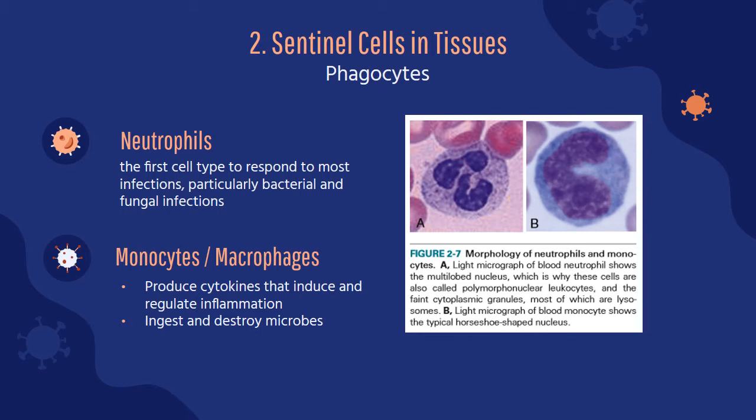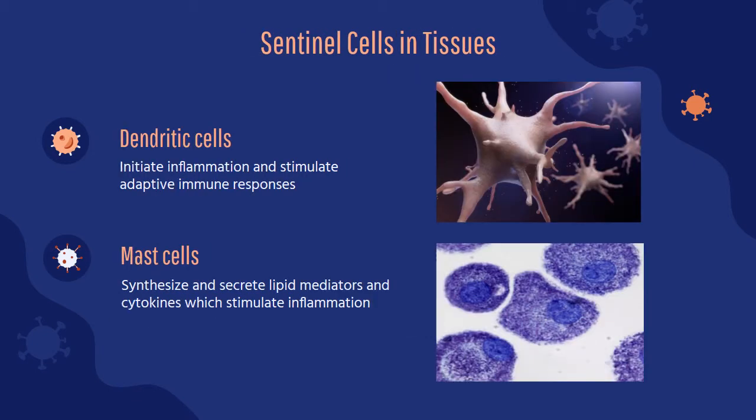And the second is monocytes. Monocytes or macrophages serve several important roles in host defense. They produce cytokines that induce and regulate inflammation. They ingest and destroy microbes, and they clear dead tissues and initiate the process of tissue repair.